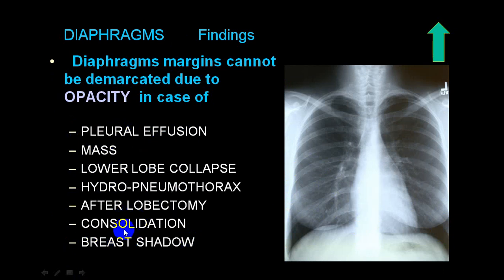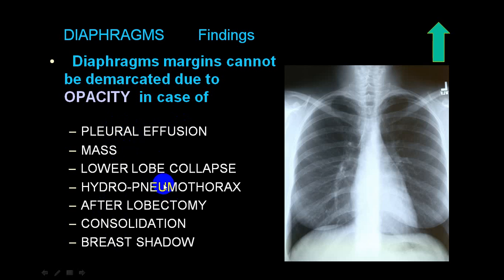These are the conditions which will produce difficulty in identifying the shape and margin of the diaphragm, and the cardiophrenic angle and costophrenic angle will also become difficult to identify, because all these conditions produce radio opacity. And if it is in the lower lobes, pleural effusion will always produce it on the lower side.